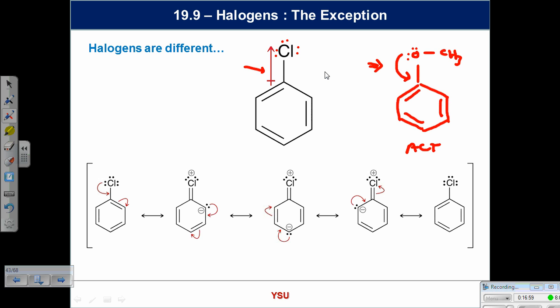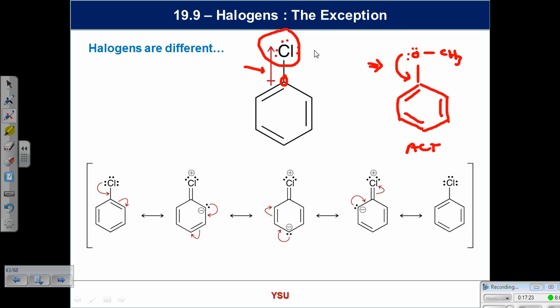What's the difference between Cl and O? What's always been the difference in terms of some of their chemistry? Size. Yes, size. So chlorine's significantly bigger than oxygen, and it's significantly bigger than the carbon next to it. Whenever you see that, and you'll see it more after the break, you have diminished overlap. If you have a disparity in sizes of the atoms, they don't overlap as well.